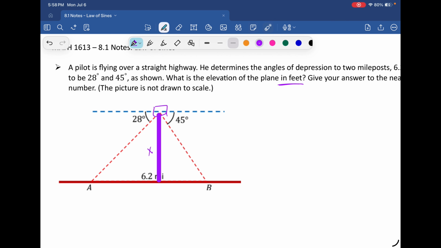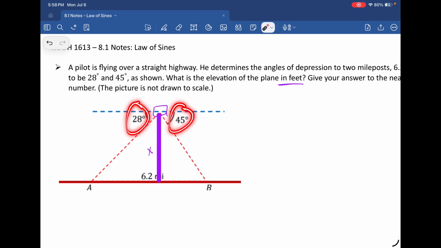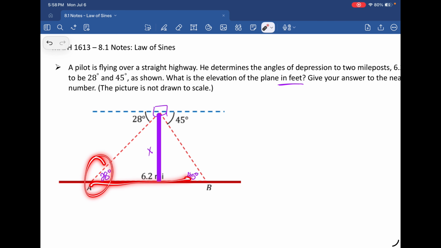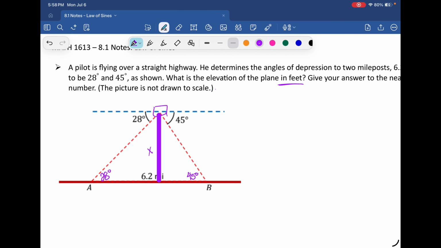So I have depression angles on either side. Those are congruent with your elevation angles. 28 degrees angle A, 45 degrees angle B. Right now, what I have is angle, side, angle. We can use the law of sines to find one of our missing side lengths over here. Okay, I'm going to find side B. To do that, I need this angle.